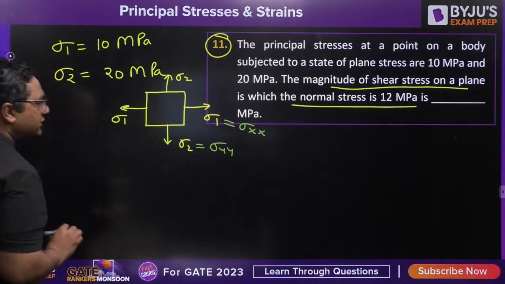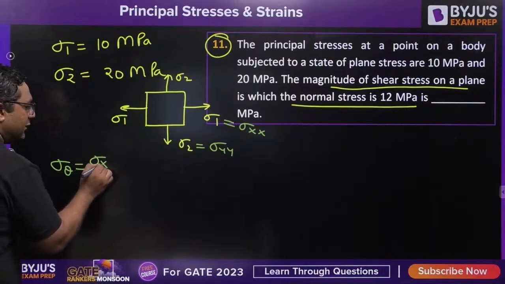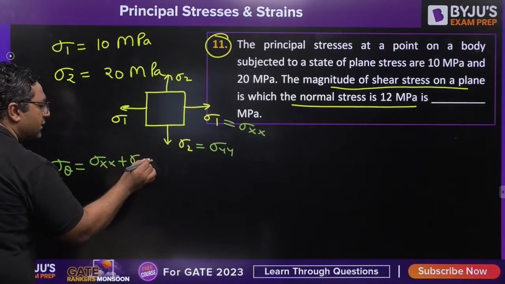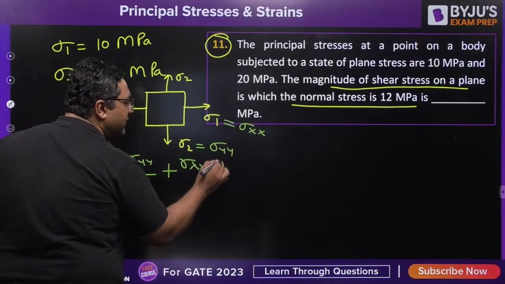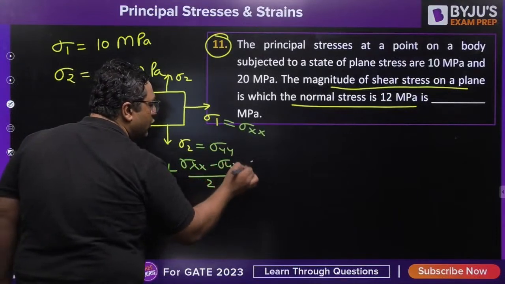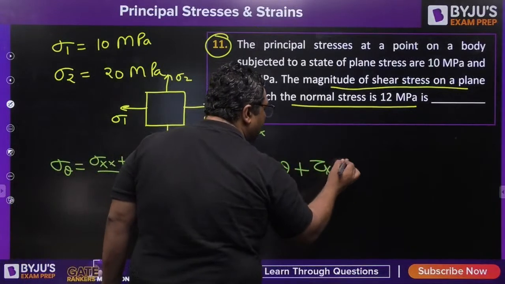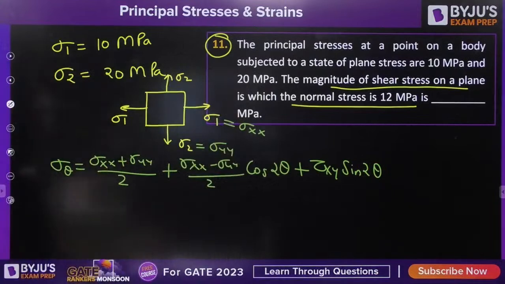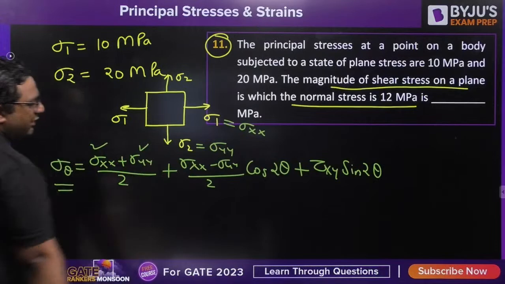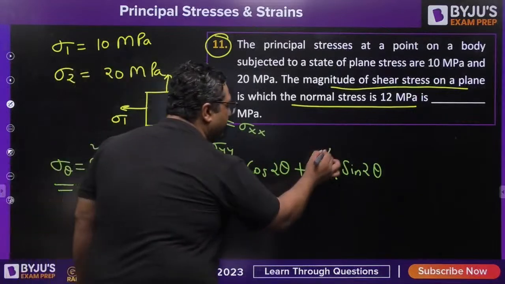So you know the formula of sigma theta as sigma xx plus sigma yy by 2 plus sigma xx minus sigma yy by 2 cos 2 theta plus tau xy sin 2 theta. 12 MPa is given to you, sigma xx is known, sigma yy is known, and tau xy is 0 here.